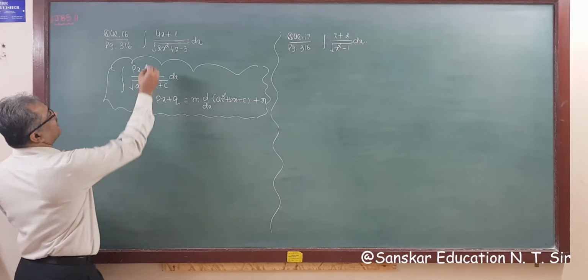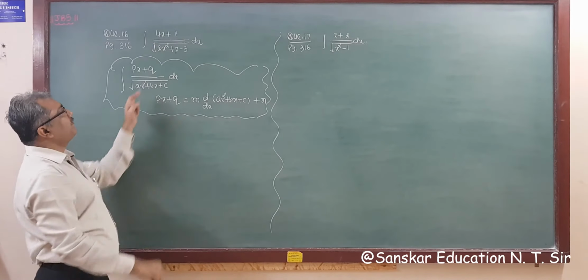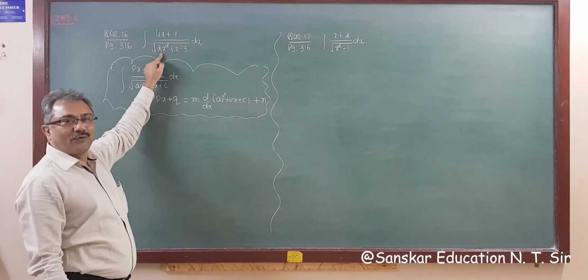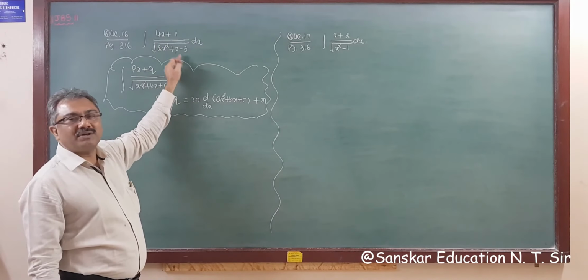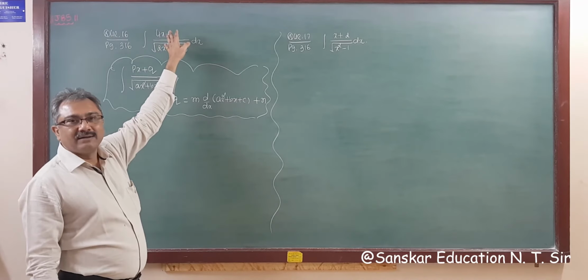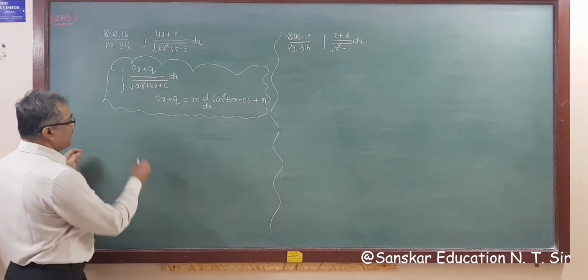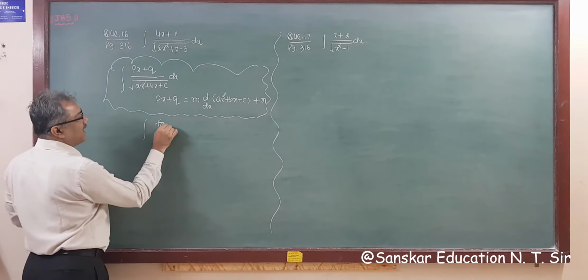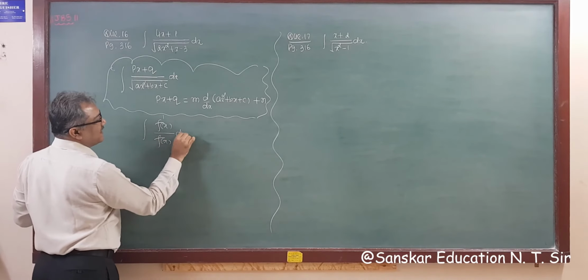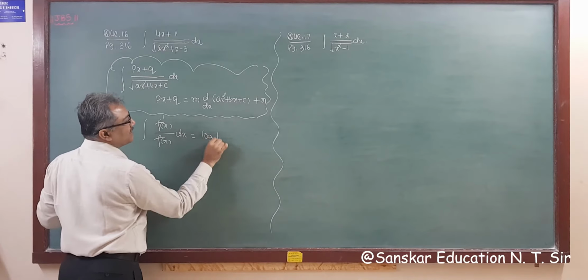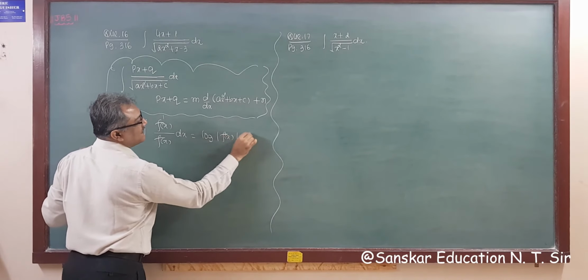So now here see what is given. The derivative of 2x square is 4x and the derivative of x is 1. So the derivative of the denominator is already in the numerator, right? And you have the formula: integration of f dash x upon f x dx, then the answer is log modulus of f x plus c.